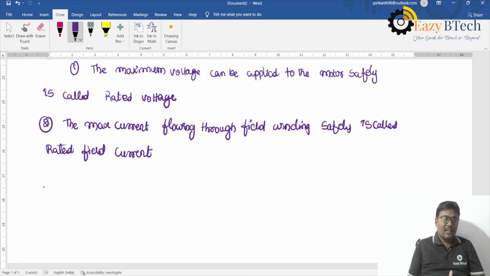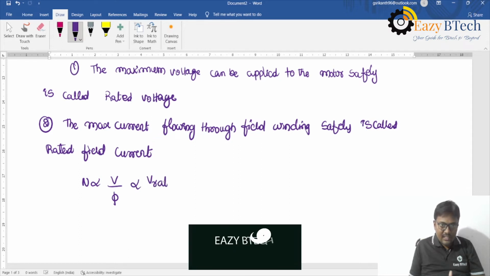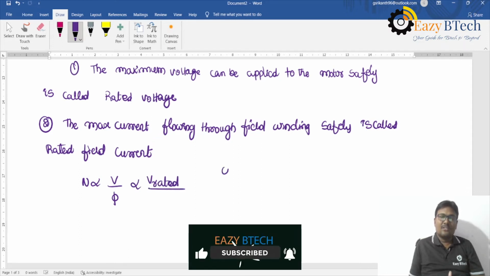If you observe, N is directly proportional to V divided by φ, and this V is the rated voltage. We know that flux is directly proportional to field current.